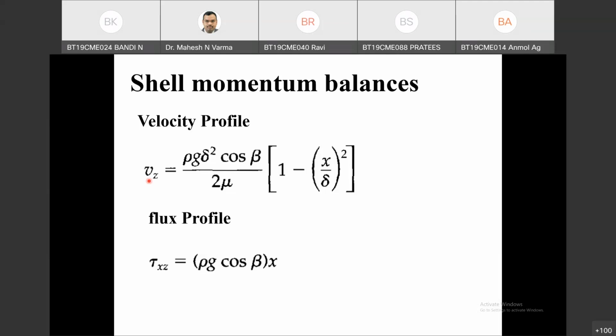If I have Vz which is a function of x and y, how many boundary conditions are needed? Roll number 13, Shiva.